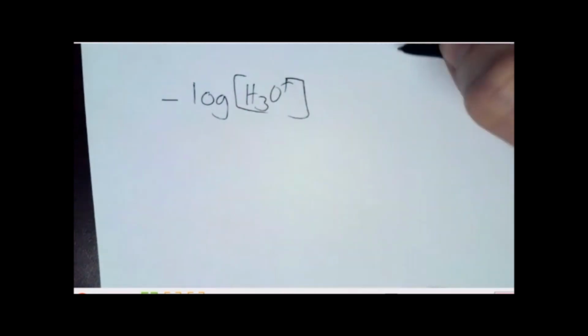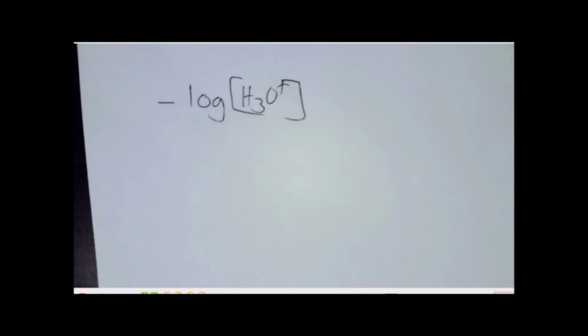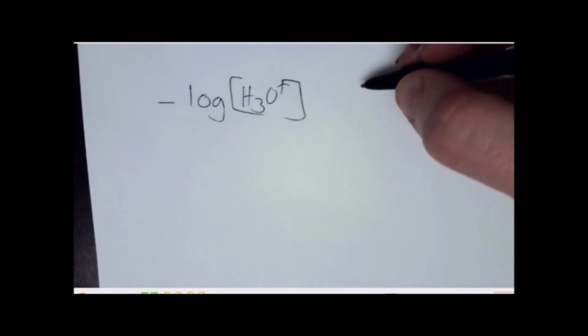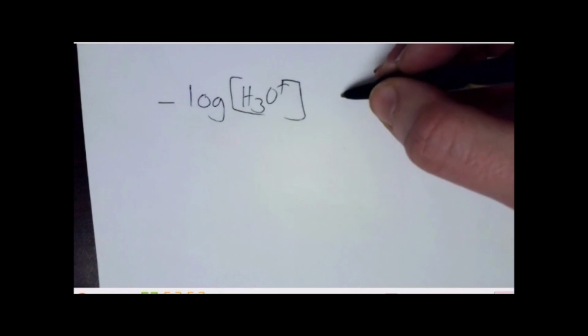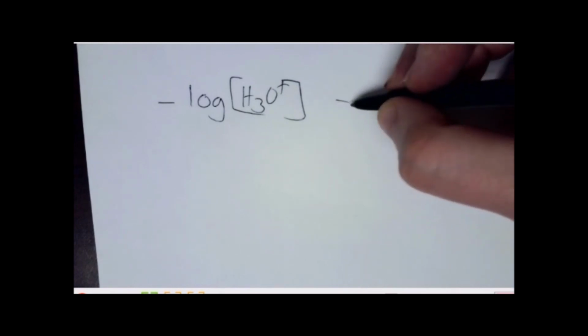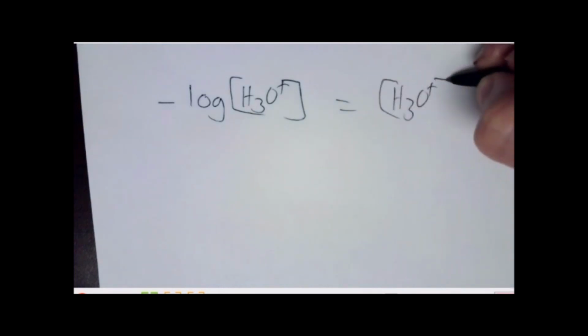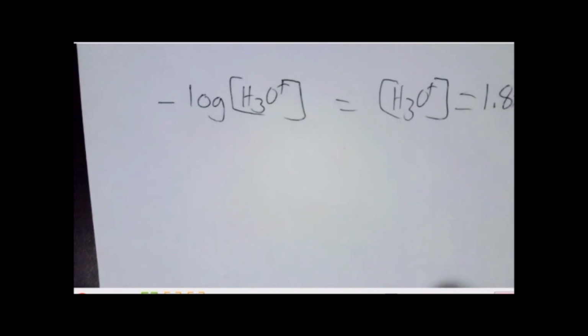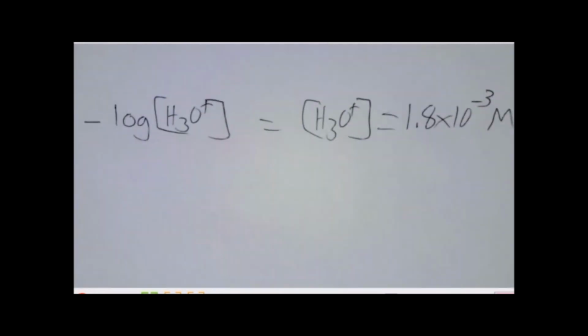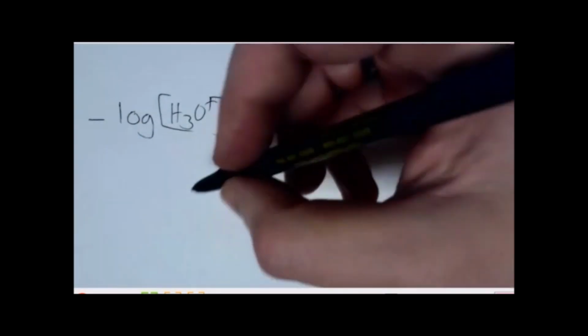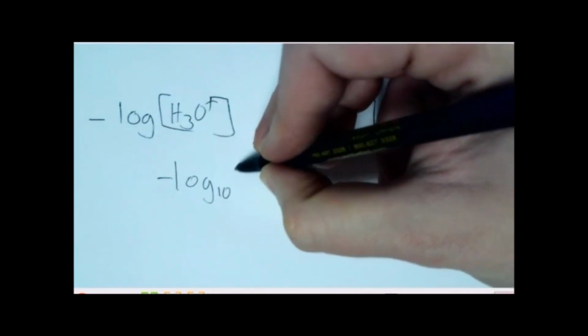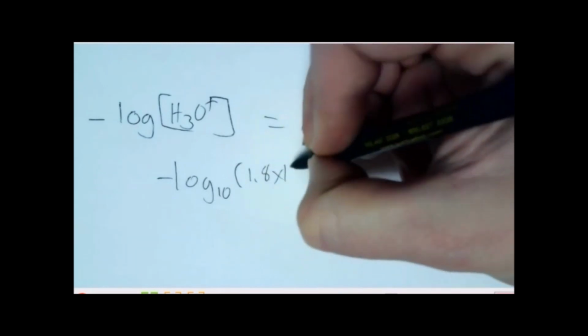If I were to tell you the hydronium concentration of acid in soda is equal to 1.8 times 10 to the negative 3 molar, how would you calculate the pH? You would literally just say the negative log base 10 of 1.8 times 10 to the negative third.